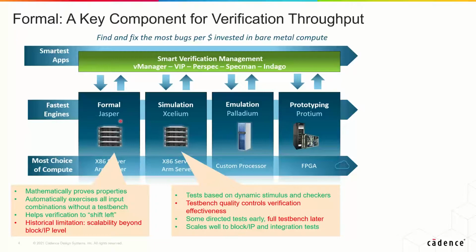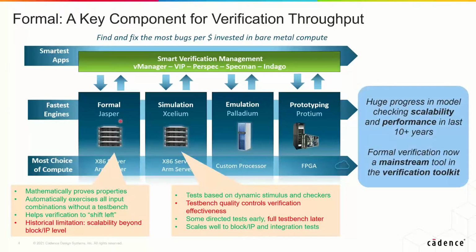One historical limitation of formal is the scalability, right, beyond block IP level. But model checking has been progressing on scalability and performance a lot over the last 10 years. And at least from our market perspective, we do think that it's a mainstream technology and an extension verification tool for your teams.